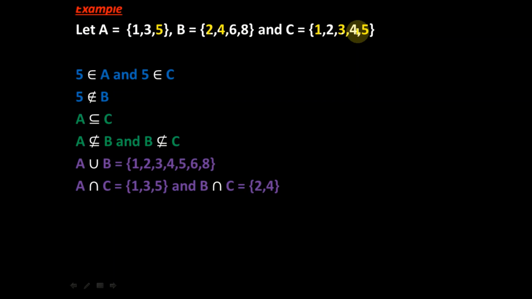But we did not talk about the intersection of A and B. What is the intersection of A and B? Do you see something? No. There's no such thing. There's no number that appears in both A and B. So what is the intersection of A and B? It's nothing. It's empty.